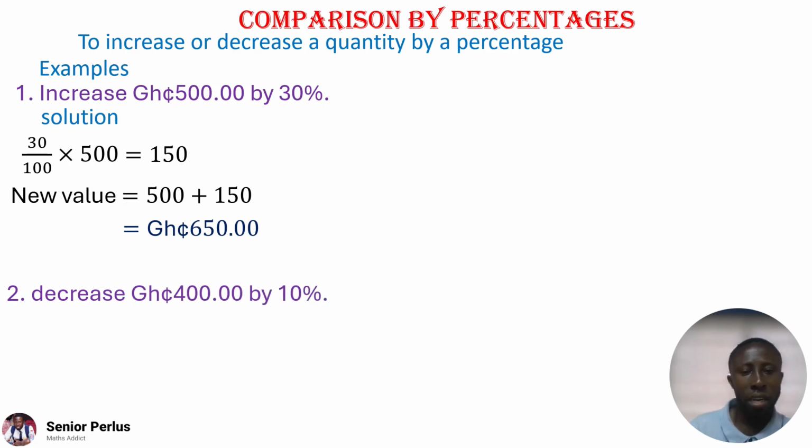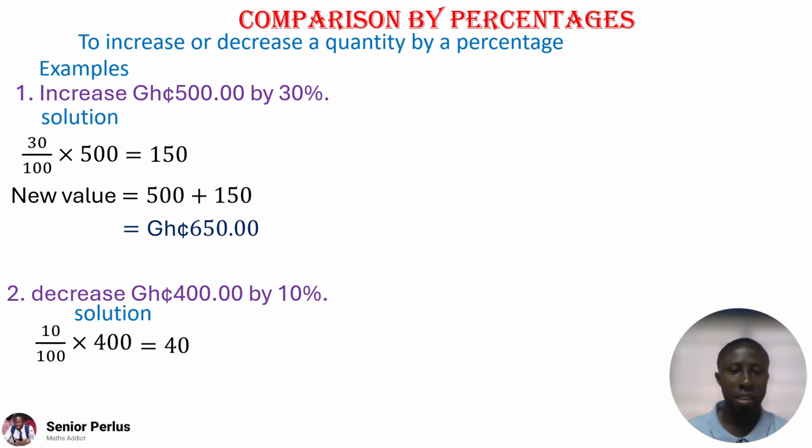Decrease 400 Ghana cedi by 10%. So to get the quantity, it's 10% of 400. Then since it's a decrease, we will subtract the answer from the quantity, and that is 400 minus 40. Good.